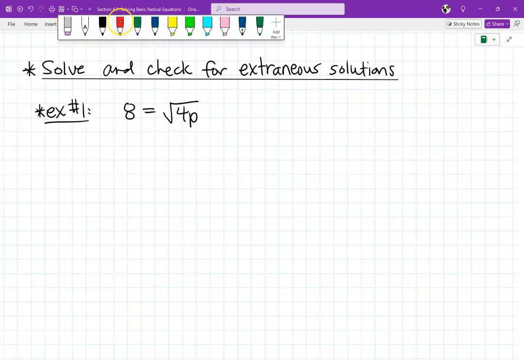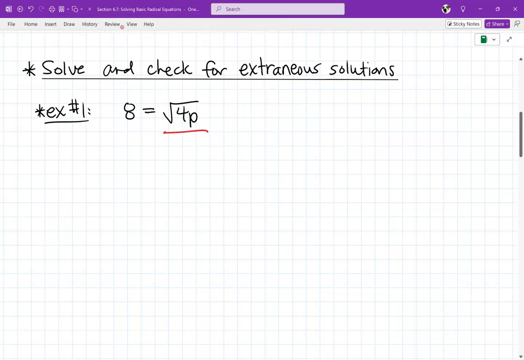Remember what I told you. Look at your radical. So here's my radical. There's nothing in front of the radical that's multiplying it. There's nothing underneath it that's dividing it. And there's no plus 7 on the outside, right? Nothing like that. It's by itself. That's what I want. Once it looks like that, what I'm going to do is square both sides.